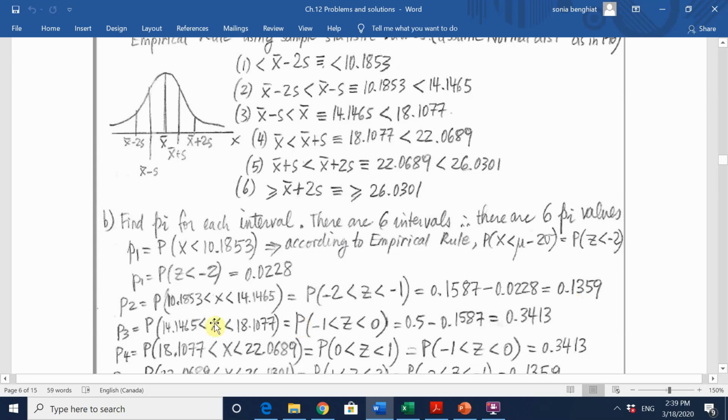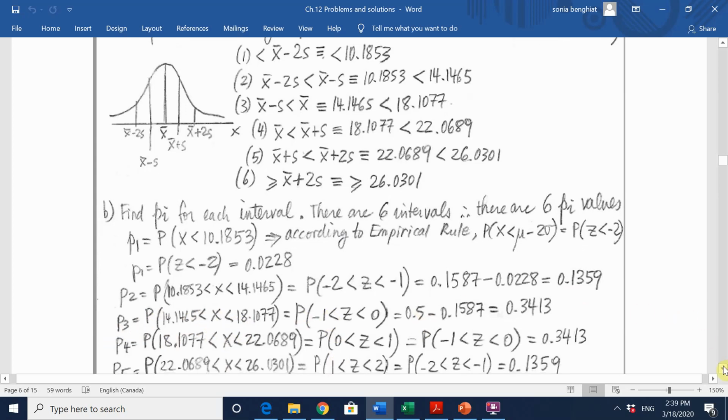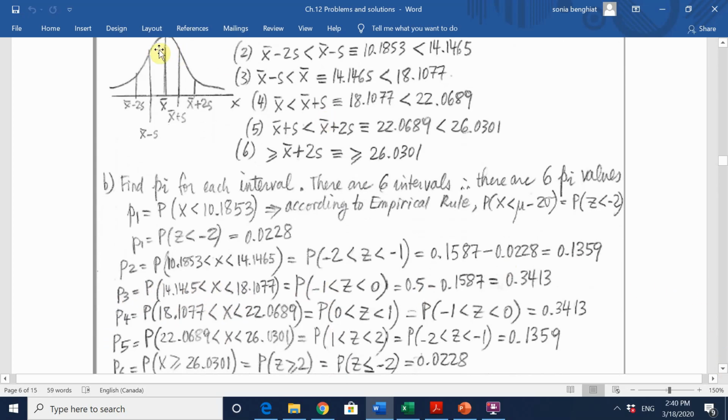I repeat this again for the third category. And so now I must find a probability for the third category. I apply the same logic. Now I'm looking at this interval. What is the probability of finding an observation that lies between 1 standard deviation below the mean and 0 standard deviations below the mean?